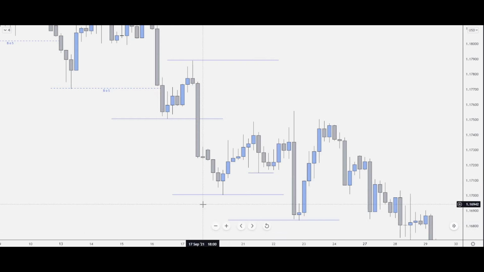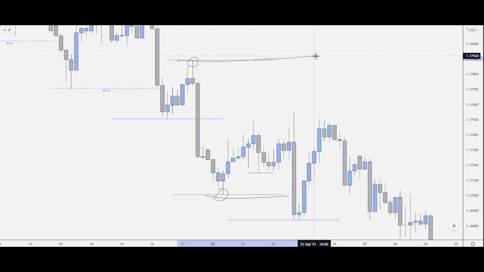If you're wondering why, it's because it's still within this range. So this is the low and this is the high. In order to create a new low, price would need to break below this low. In order to create a new high, price would need to create higher prices and break above this high. So that's just a simple little thing to avoid.